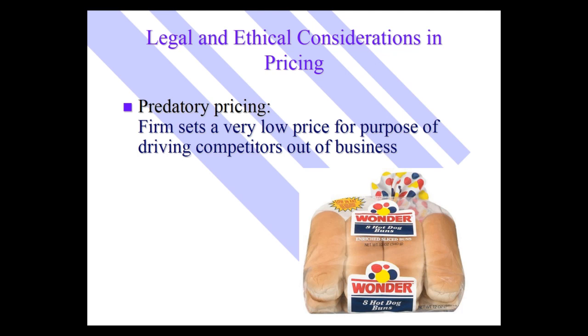And oftentimes they'll pick one or a couple of those items and sell it at a very, very low price, like hot dog buns for a dime. Well, clearly that's a come on. They're trying to entice you with that so that you'll then buy the other things at full revenue so that they'll make money. Yeah, they're losing money on the loss leader 10-cent hot dog buns, but they're making money on everything else. That's so-called loss leader pricing, and that is legal.